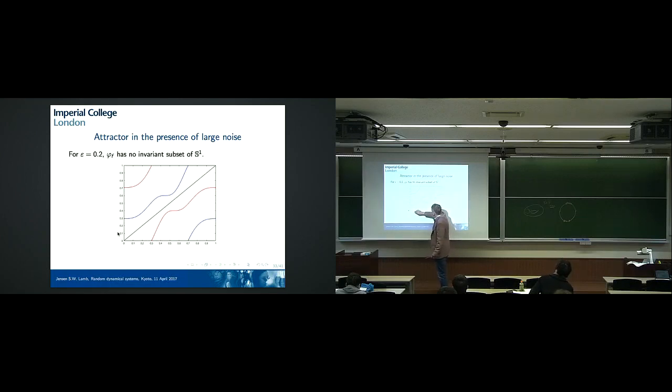You see there are actually no stopping points anymore. There are no intersections of this graph with the line. So what you see is that basically points can just freely move back and forth. So what does it mean for my system here? That basically the stationary measure will be spread all over the circle.